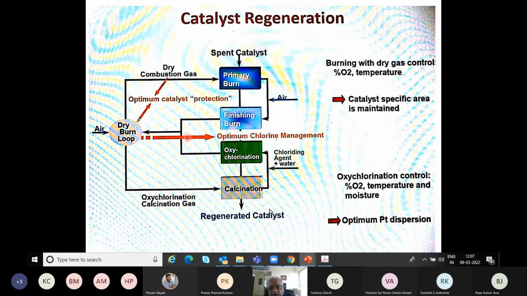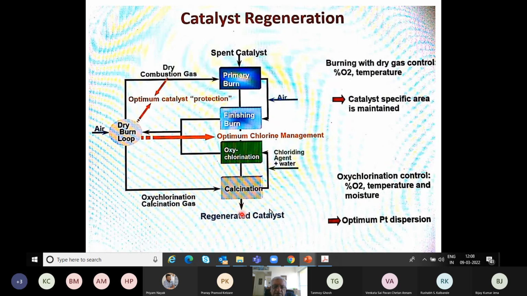And then the catalyst comes down here into the oxychlorination section where we put perchloroethane to redisperse, to put the chlorine back into the support as well as to redisperse the platinum. And then it goes into the calcination step where the hot gases are used to dry the catalyst.